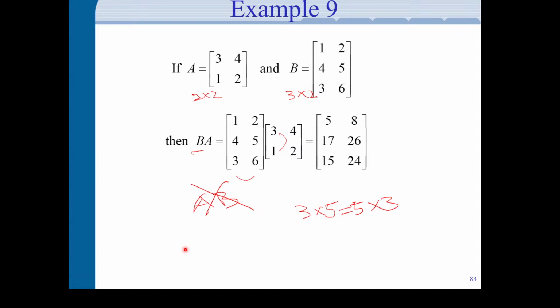And so this is where matrix multiplication is different from scalar multiplication. In scalar multiplication, you always have this commutative rule, where say 3 times 5 equals 5 times 3. But in matrix multiplication, if you change the order of multiplication, the product might not even exist.